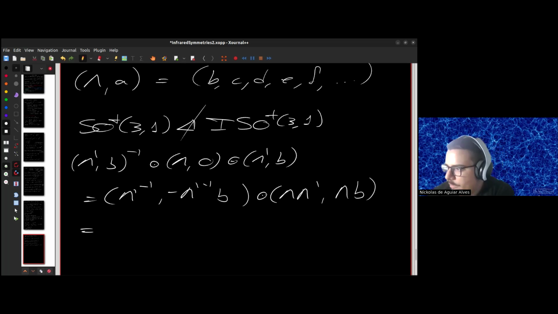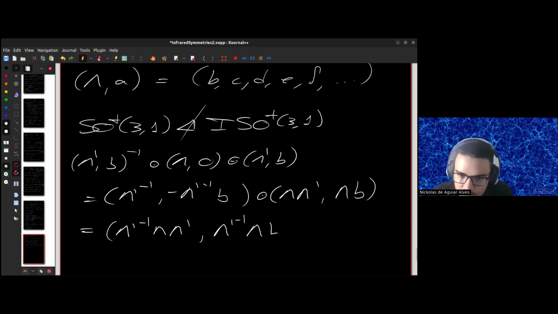Then you open this calculation, and what you're going to find is that you have this lambda prime minus 1, lambda B minus lambda prime minus 1 B.